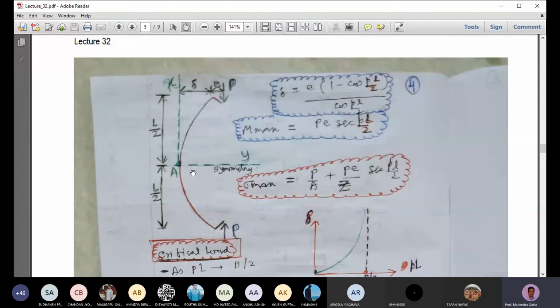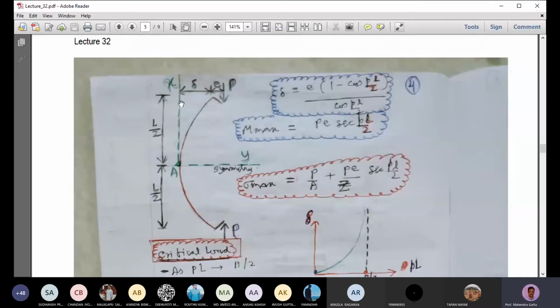What we can do here is look only at this upper portion, and it looks like a cantilever. At this point A, the slope is 0, and as you go further and further, deflection is increasing.